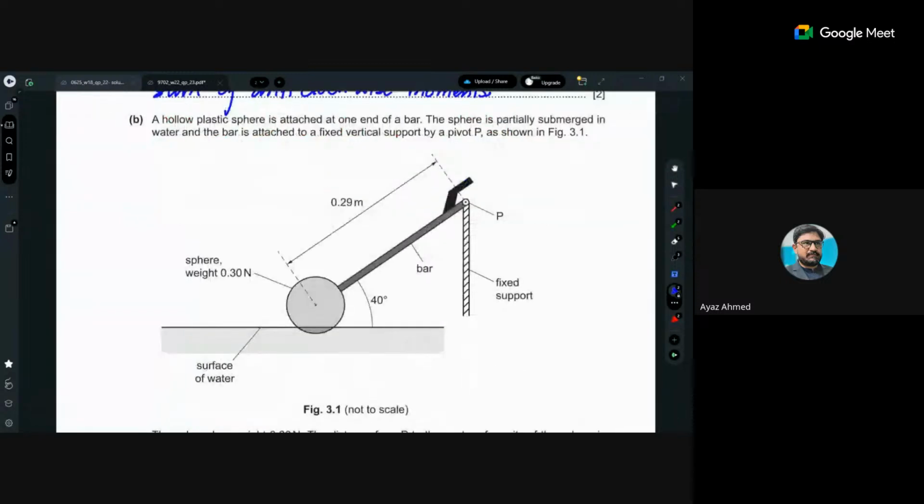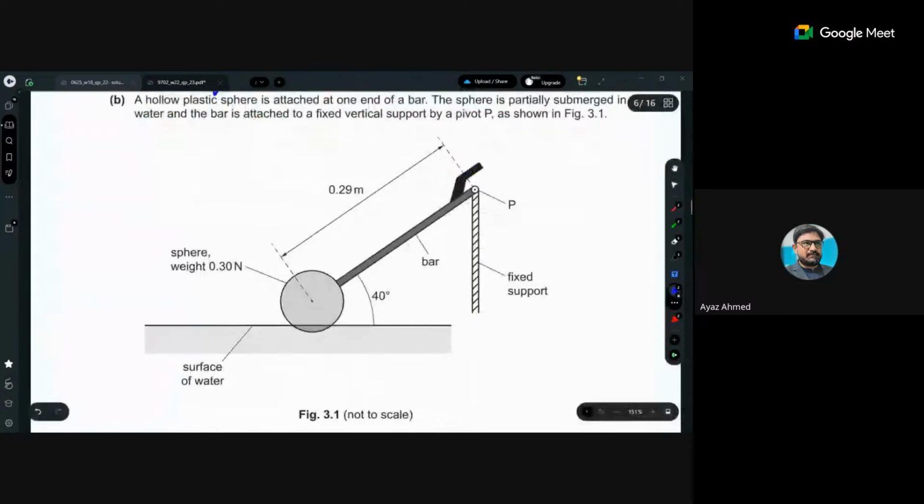अब हमारे पास एक छोटा सा question है। A hollow plastic sphere is attached, ये float valve का question है एक्चुअली। ये question बिल्कुल daily life से उठाया हुआ है। Hollow ball is connected with one end of the bar.